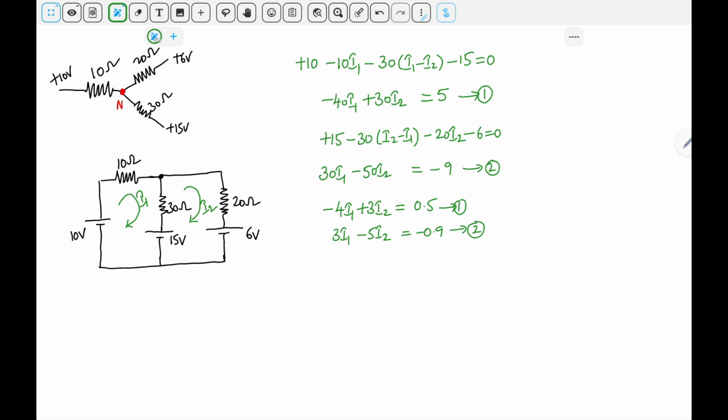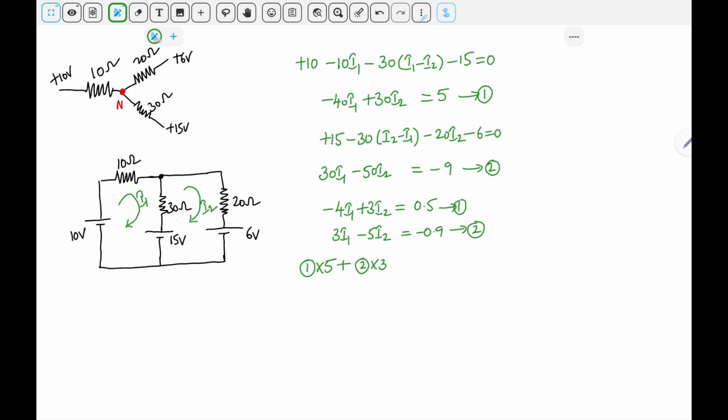Now, in order to get I1, I need to eliminate I2. Therefore, I am multiplying the first equation with 5 and the second equation with 3, and adding these two equations.